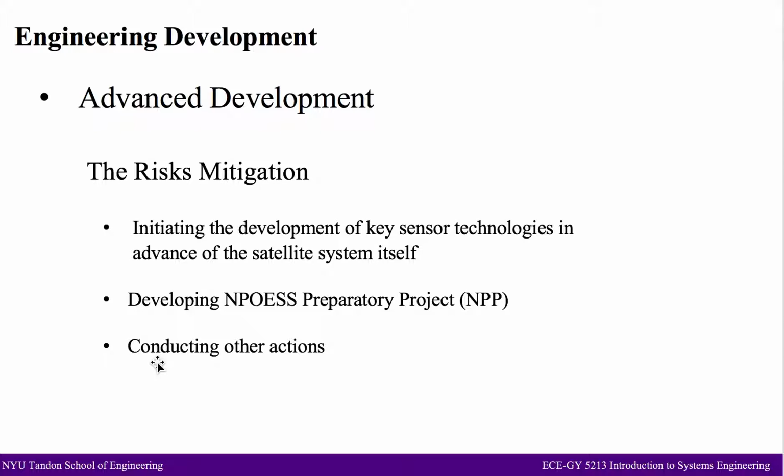Another major risk reduction action addresses risk in 3 of 4 segments with identified risk. It is called the NPOESS Preparatory Project, known as NPP. NPP is a planned demonstration satellite to be launched in 2006, several years before the first NPOESS satellite launches in 2009.